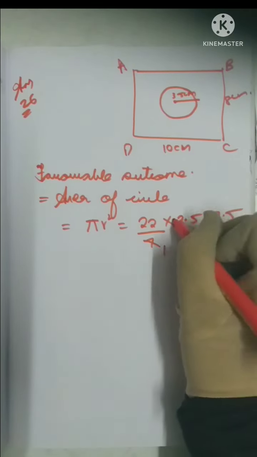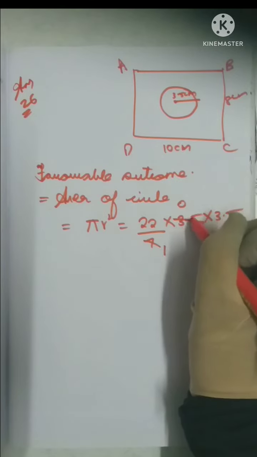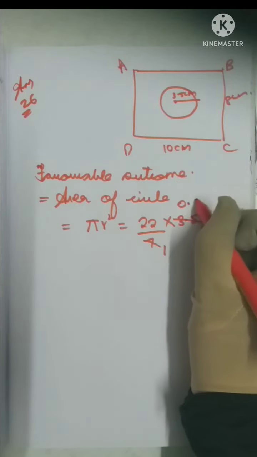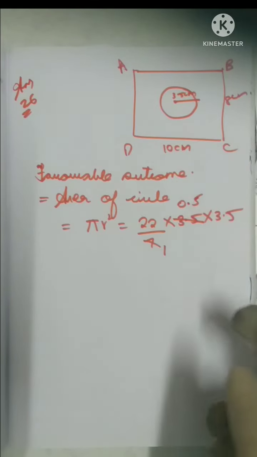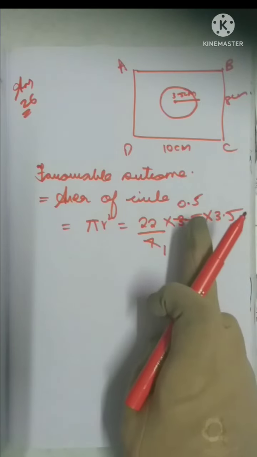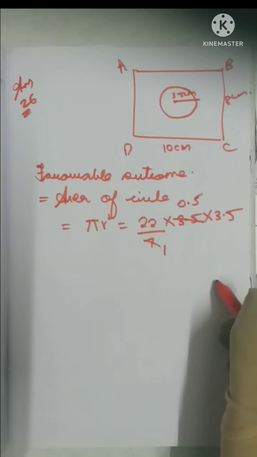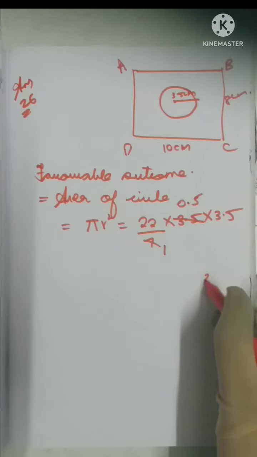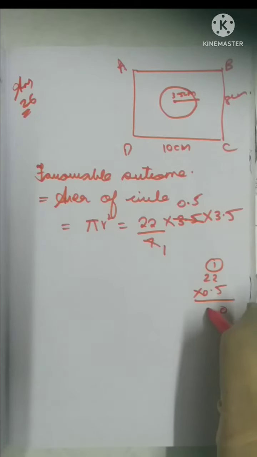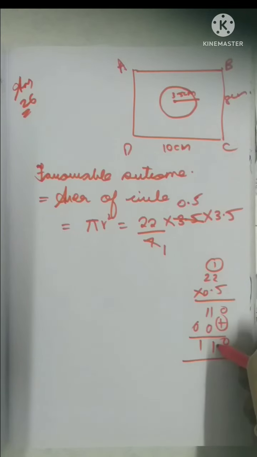Here we have 7 ones are 7, 7 zeros are 0, 0.3 will come down, 7 fives are 35. So multiply 22 into 0.5. 5 twos are 10, 10 plus 1 is 11, 0 twos are 0, 0, 1, 1 we have. And we have one decimal point here, so here it will come.